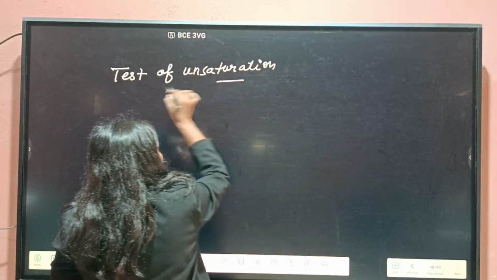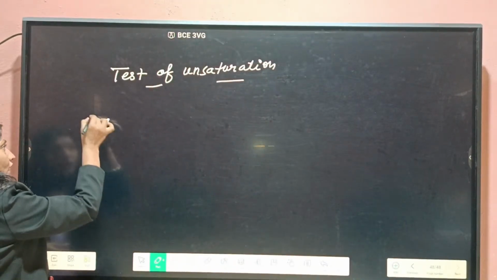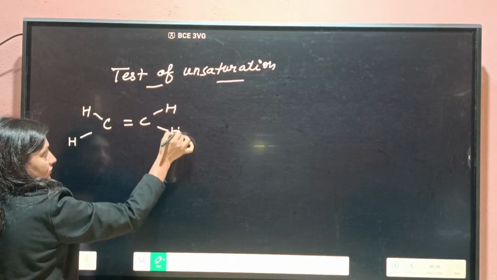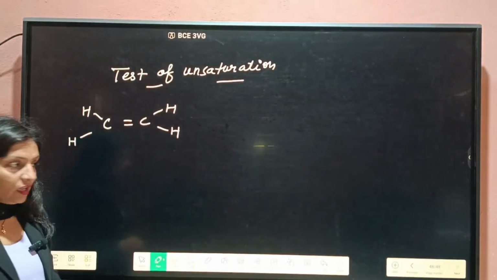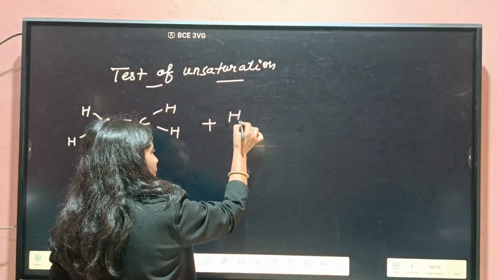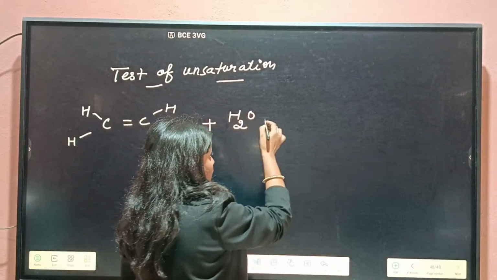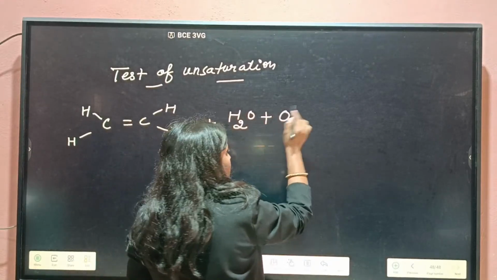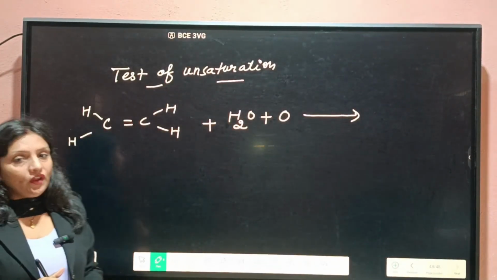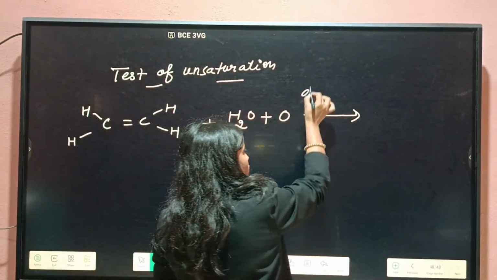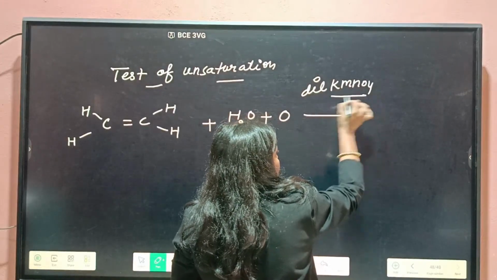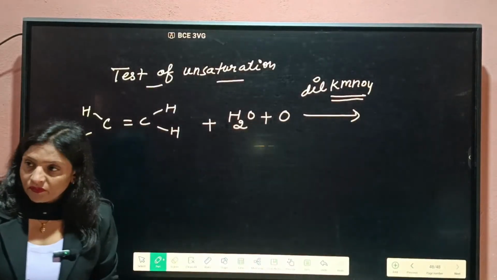If you have an alkene and you do oxidation of it, a reaction with water and oxygen, meaning oxidation you are doing here, in the presence of dilute KMnO4, potassium permanganate. Clear?